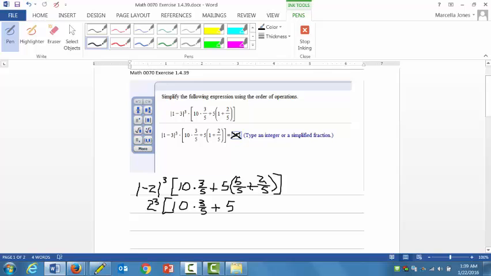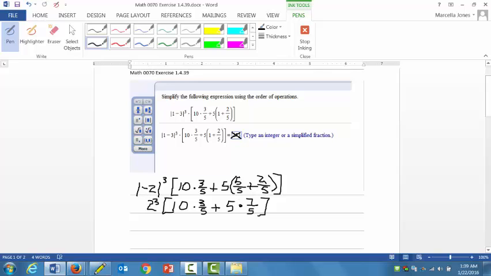So 5 over 5 plus 2 over 5 is 7 over 5. So notice once I add 5 over 5 and 2 over 5, I no longer need that grouping.